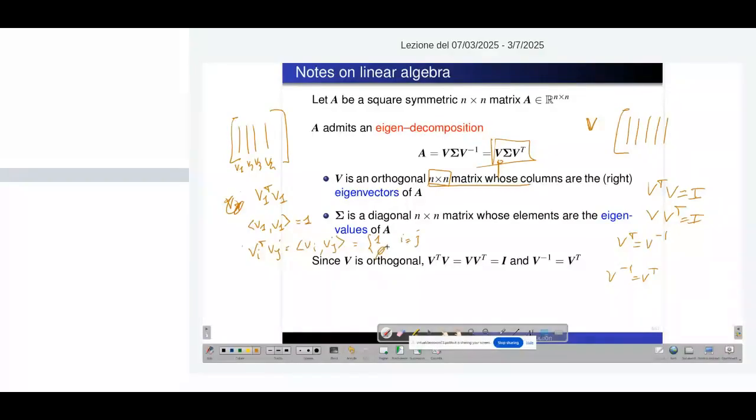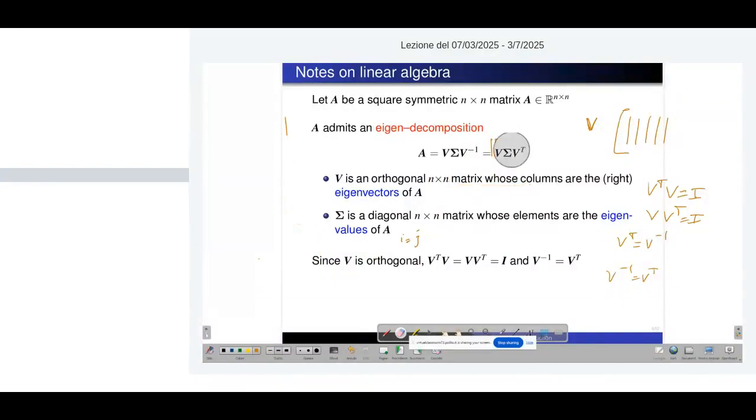So I have vectors that form a basis of a space. They are orthogonal among each other. Each of them has length 1. The scalar product of one of the vectors with any other one is 0. With itself, it's 1.